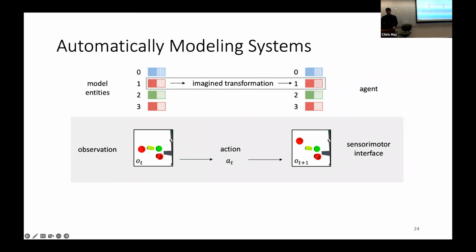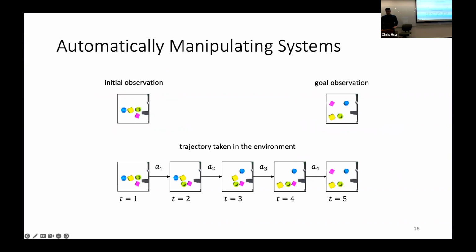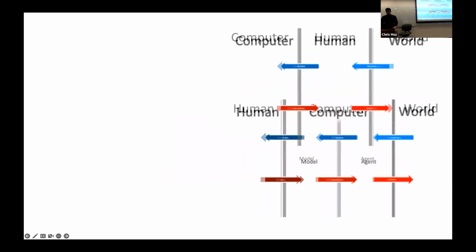In contrast, automatically modeling systems means that the agent constructs its own variables from perception, learns transformations on these variables, and grounds these variables into observations without supervision. Instead of manually specifying the goal constraints to satisfy, automatically manipulating systems requires the agent to infer these constraints directly from raw observation and translate its internal interventions into external actions in the world.